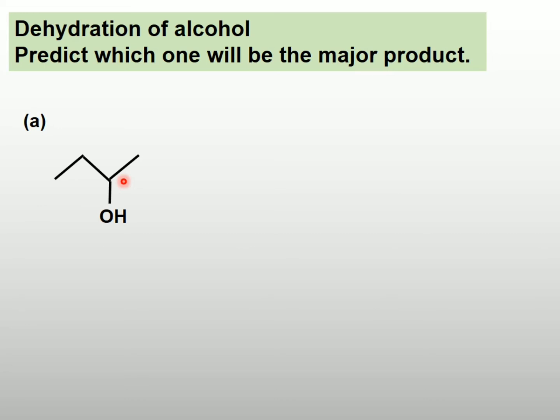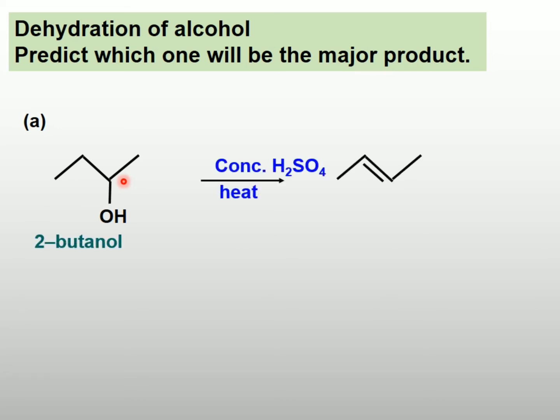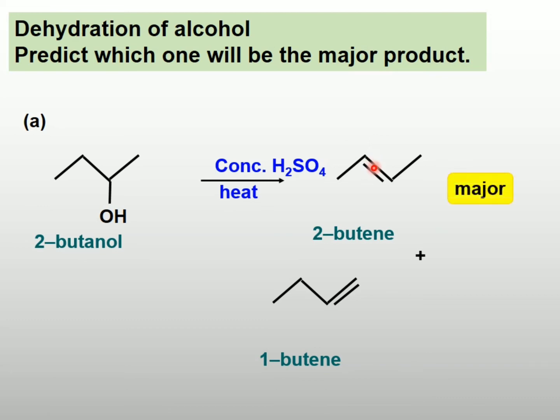So the possible products will be 2-butene and 1-butene. Now we need to identify the number of substituents bonded to the carbon-carbon double bond. So 2-butene is major because I have two substituents, and for 1-butene I only have one carbon substituent bonded to the carbon-carbon double bond.